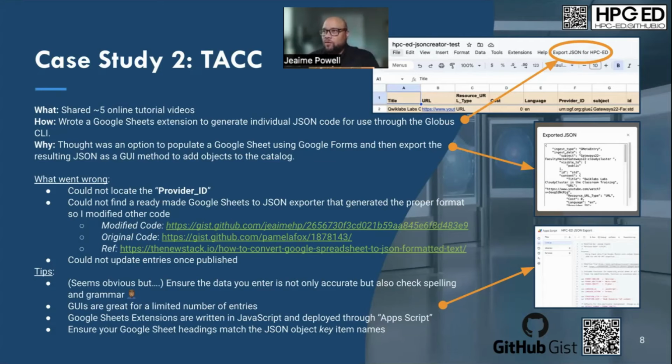And then I went for it the way David did, wherein I had a JSON file and I could use the Globus CLI. The gist information is there, as well as the original article where I went through and modified some code. I do, however, want to point to some tips that you may want to be aware of.